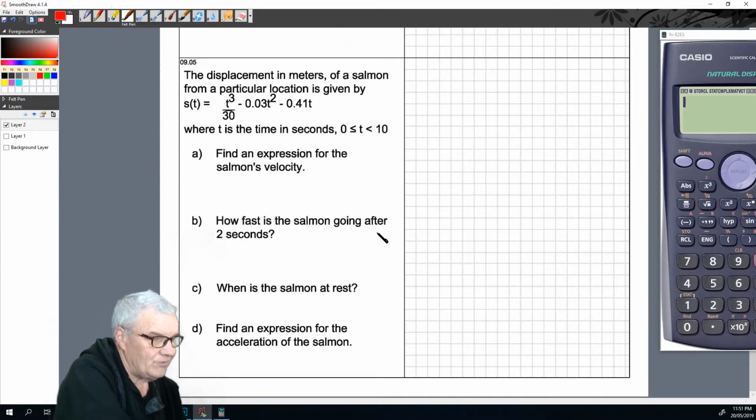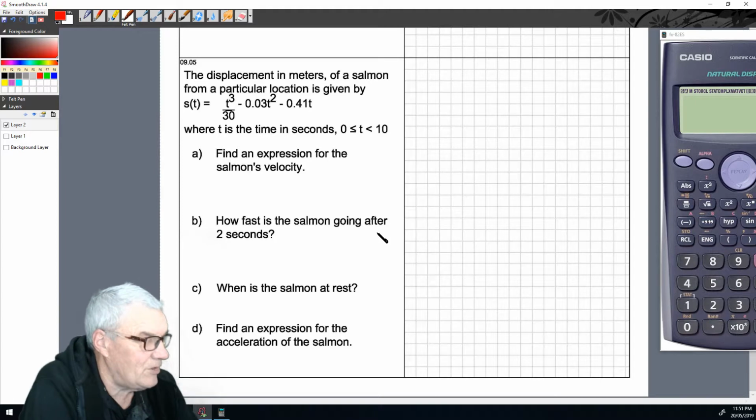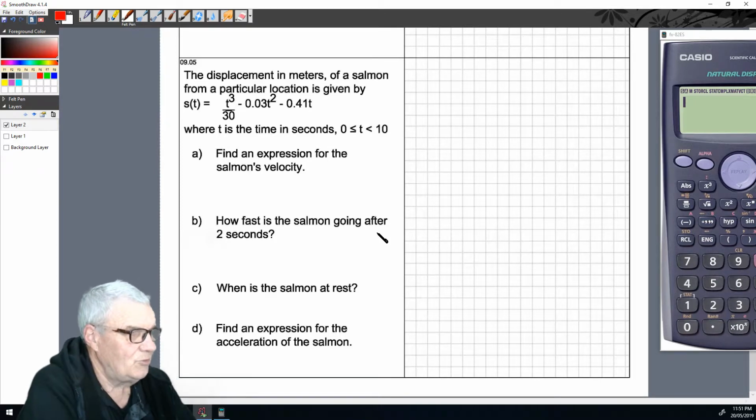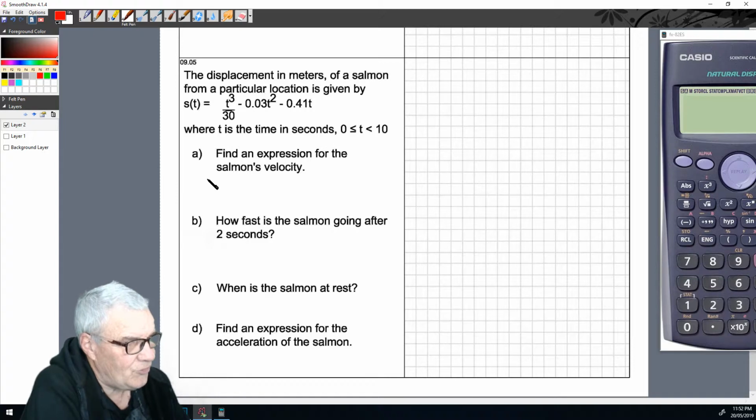Okay, so we're going to have to be quite good with this. The displacement in meters of a salmon from a particular location is given by this formula here, where t is in seconds. Find an expression for the salmon's velocity.